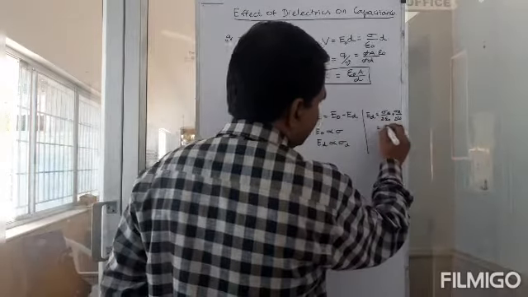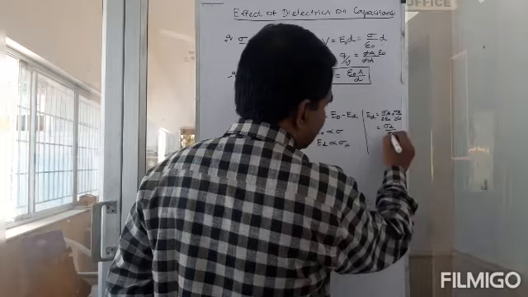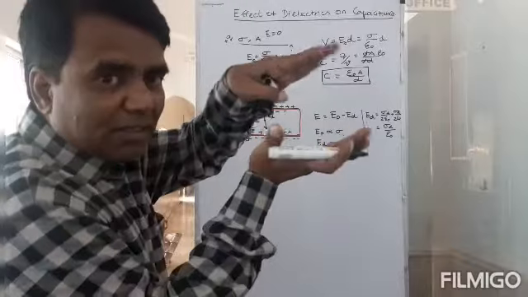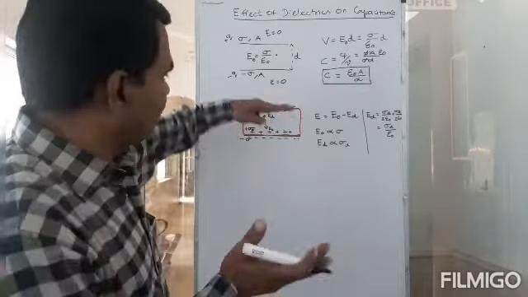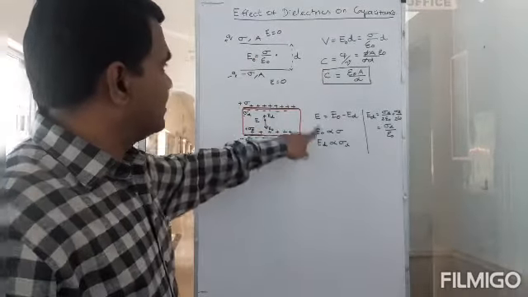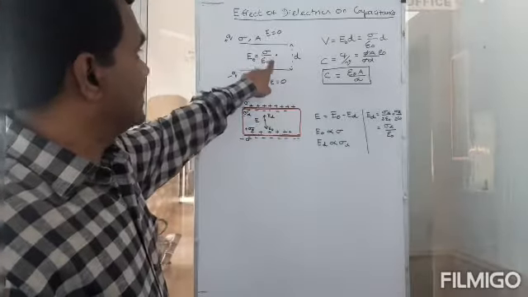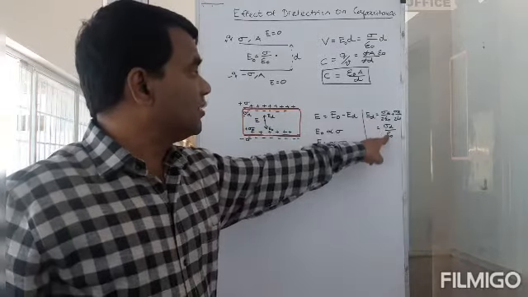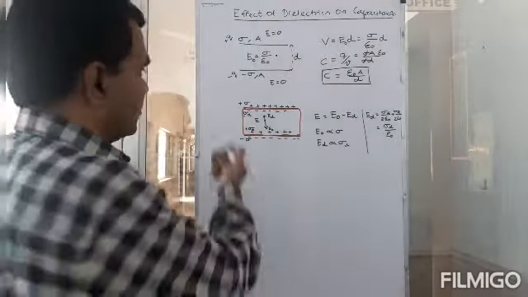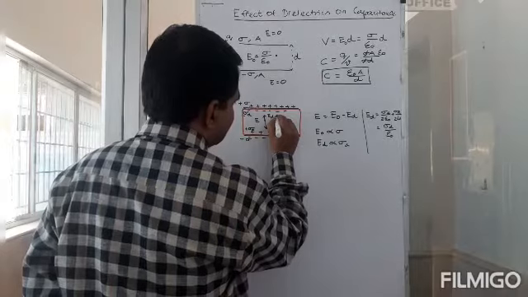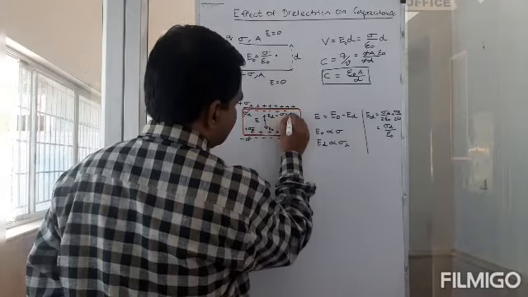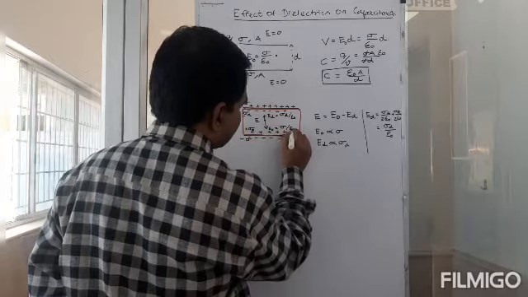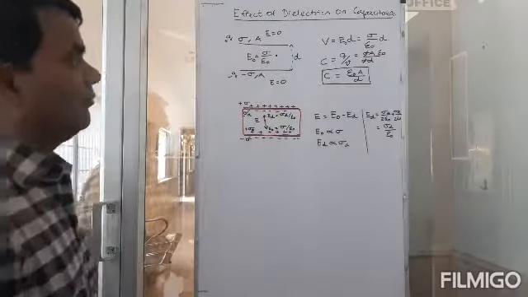So this will give you sigma D by epsilon naught, just like it happened in the case of the metal conductors on top. There it was simply E equal to sigma by epsilon naught, but here ED would be equal to sigma D by epsilon naught. So ED is equal to sigma D by epsilon naught, and E naught is equal to sigma by epsilon naught, as you saw there.